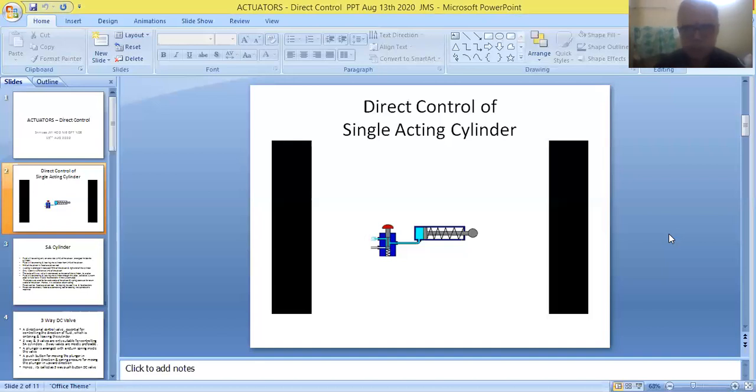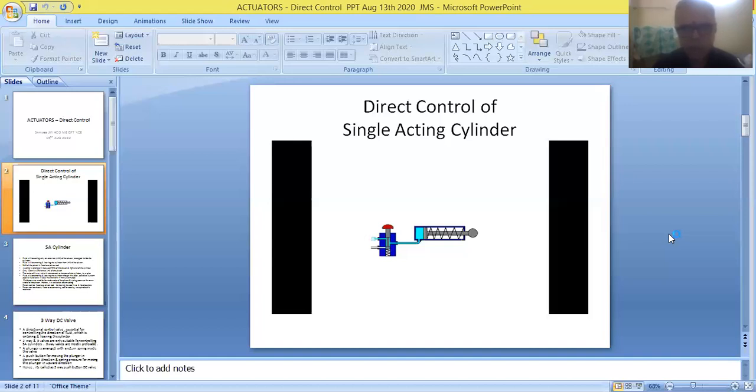So this arrangement is used for operating the tool of the machine in forward and backward directions. So this way, the cylinders can be used for moving the tools of machines in to and fro directions.